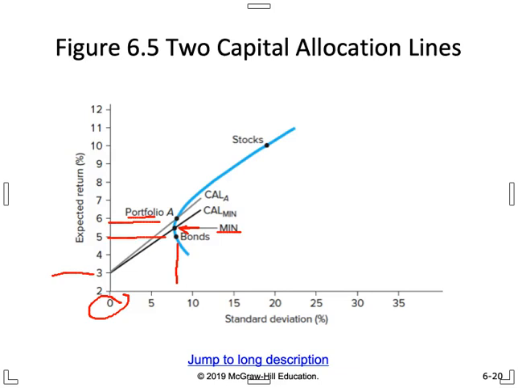Standard deviation is the denominator in the Sharpe ratio. So A looks like a pretty good choice. We draw the same straight line here from the risk-free asset. So this is called the capital allocation line for A, and it gives us all possible combinations of portfolio A with the risk-free asset.